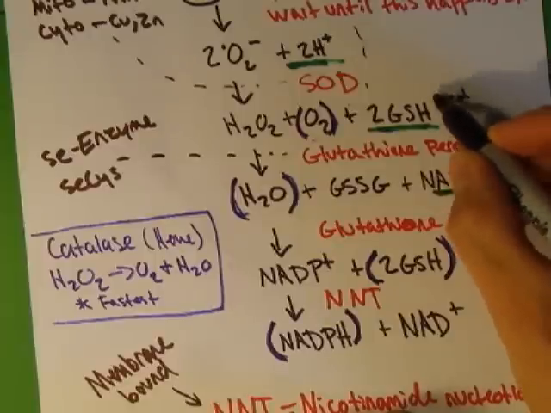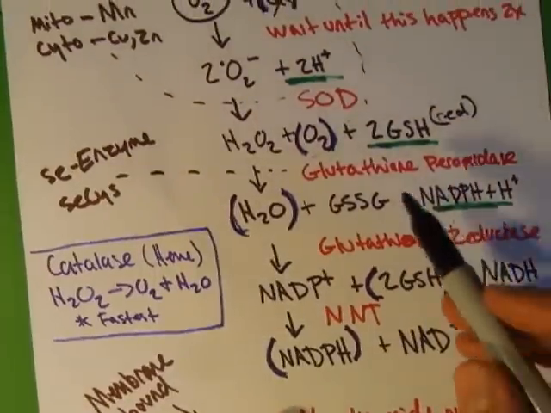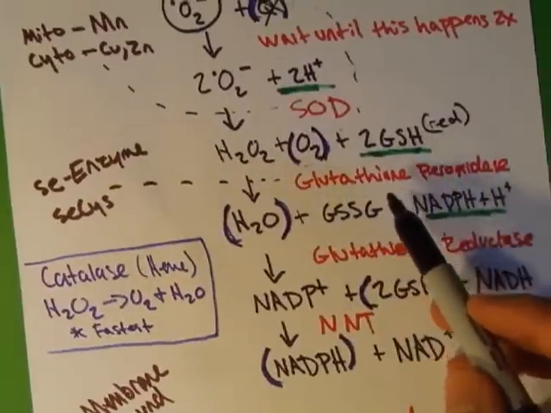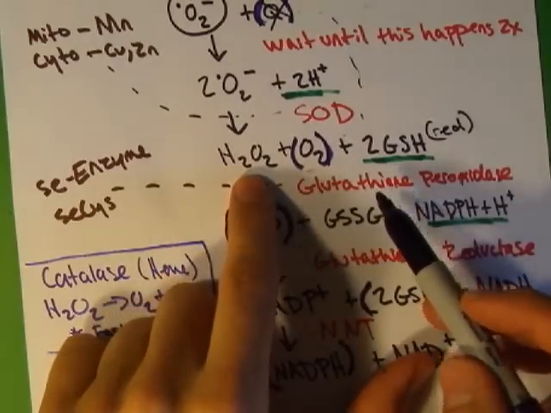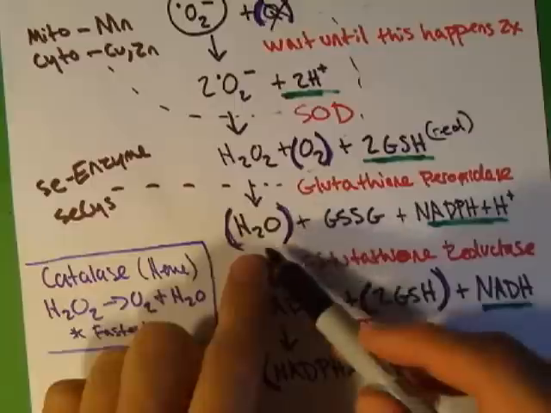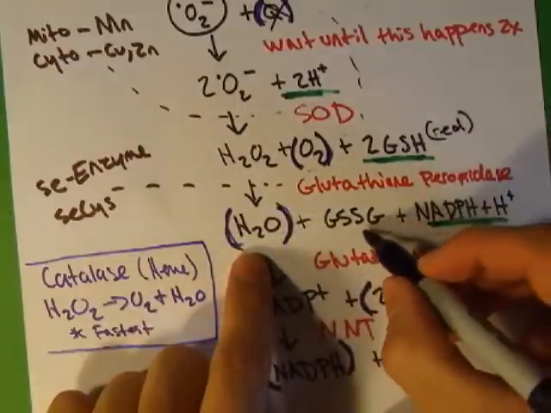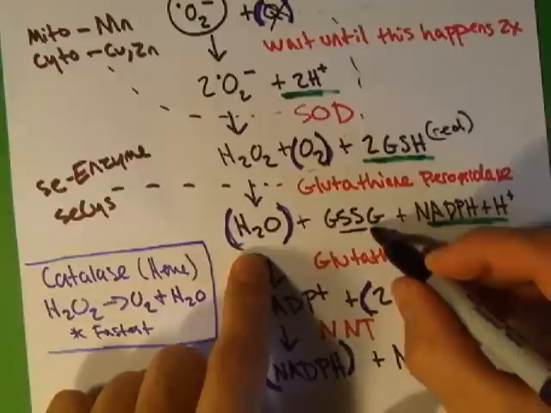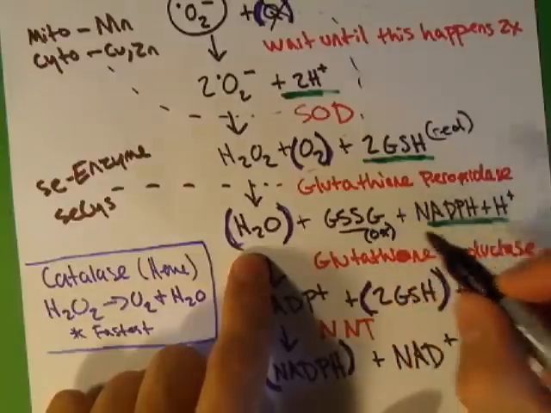GSH is the reduced form. So glutathione peroxidase neutralizes this hydrogen peroxide into water. And then you get, this is glutathione again down here, GSSG, in its oxidized form.